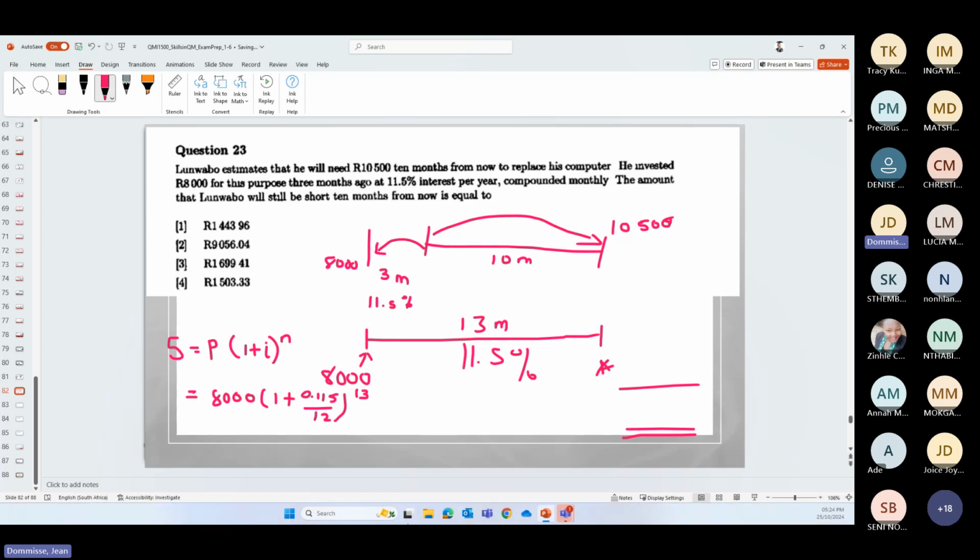So let's look, 0.115 divided by 12 plus 1 gives us 1.0096. If we then do the exponent of 13, we get 1.1132, times 8,000.